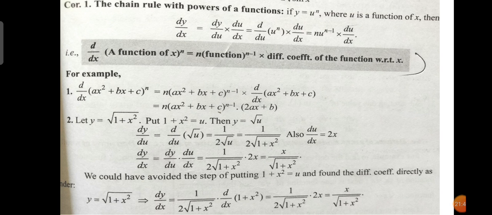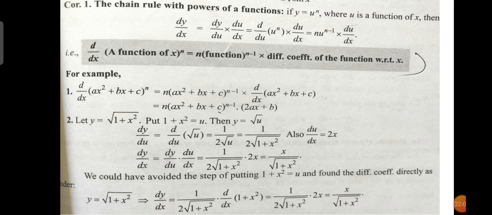Next is chain rule with powers of a function. What will you do when power is given? If y is equal to u raised to n, where u is a function of x, then dy by dx is dy by du into du by dx. That is the chain rule. And y is u raised to n, the power of n.